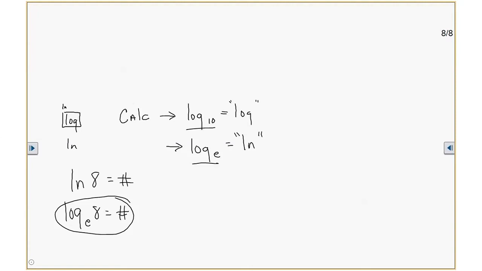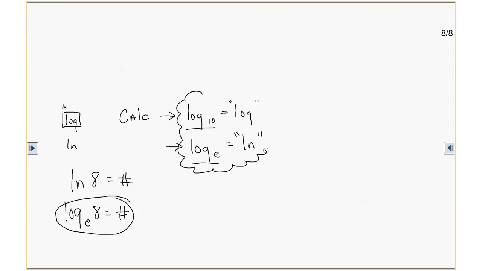Whenever you're in doubt with a natural log, turn it into log base E, and you may be able to use the definition of logarithm.